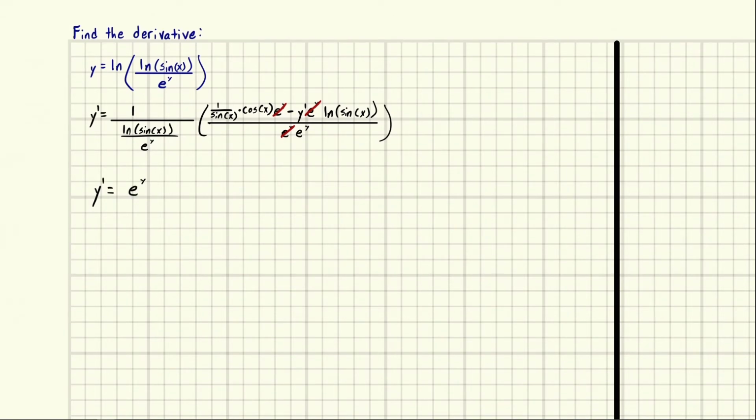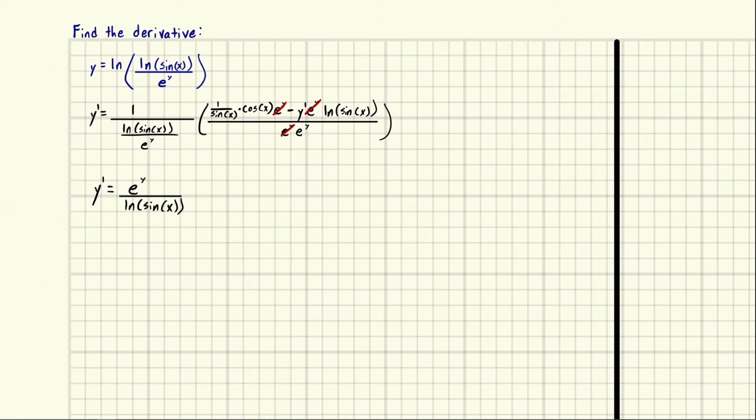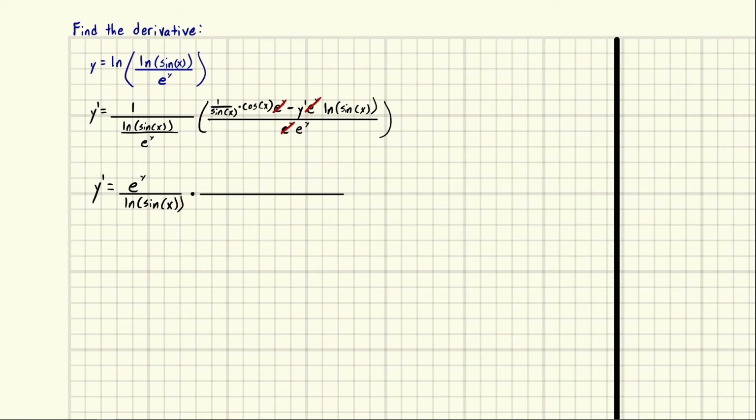Oh, look at this, this e to the y will simplify with the other one quite nicely, over the natural log of sine x times, and then let's write out this monstrosity. We can rewrite cosine x over sine x as cotangent x.